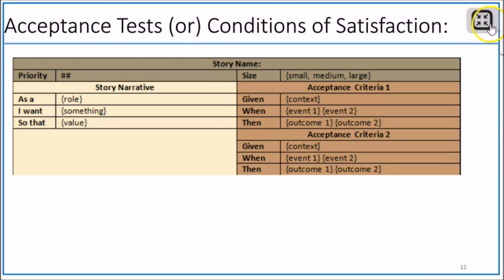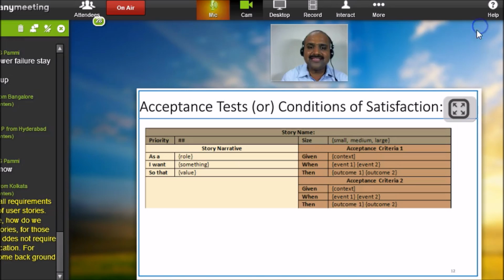Similarly, the acceptance criteria: given this particular context, when an event gets triggered, then the outcome is going to come. So again, I repeat, the suggested format is: given a specific context or scenario, when an event triggers, then I want the outcome to be like this. Believe me, my dear friends, in real-time scenarios we don't see acceptance criteria written in this exact format.